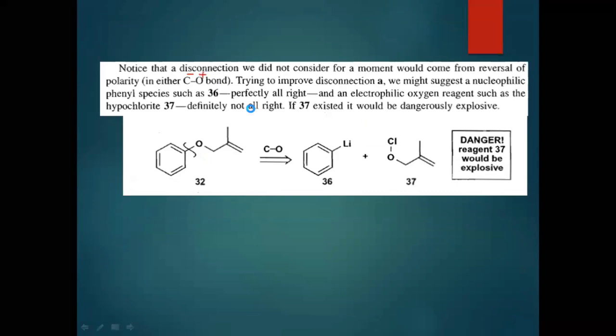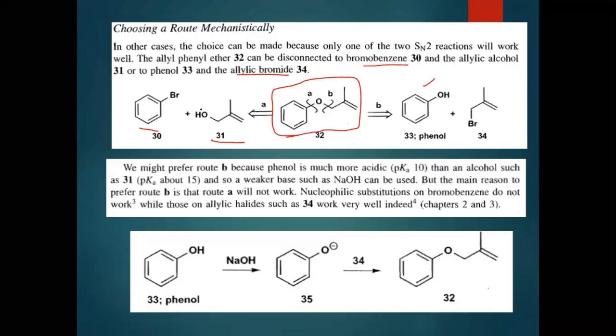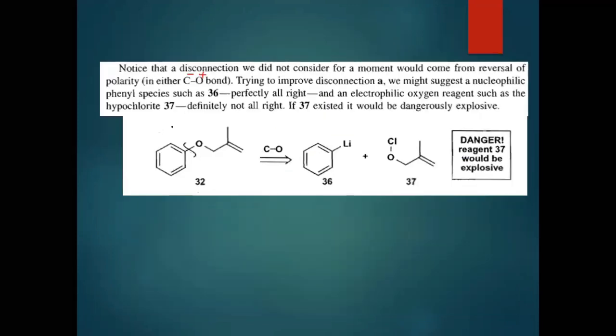In the previous case, we thought that only oxygen should carry a negative charge. What will happen if you make this positive and the other side negative, or like this?